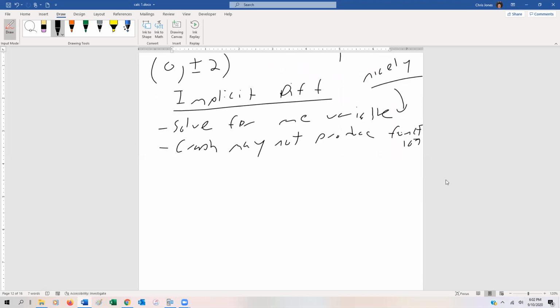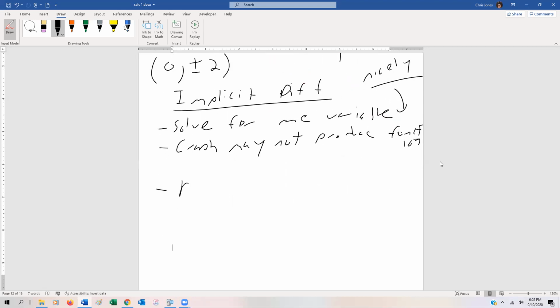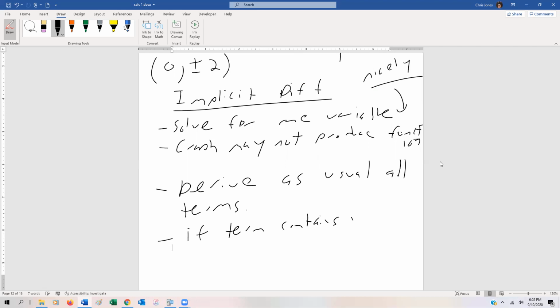So how do we do this? What we can do very easily is take the derivative of all the different terms, and anything that has a y in it, we multiply by dy dx. So we derive, as usual, all the terms, but if the term contains a y, then we multiply that term by dy dx.